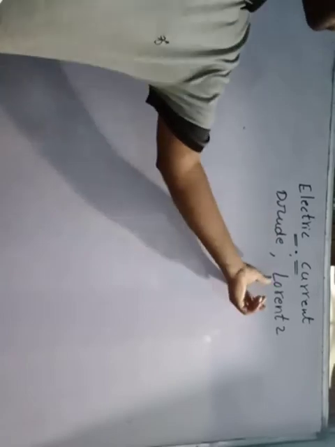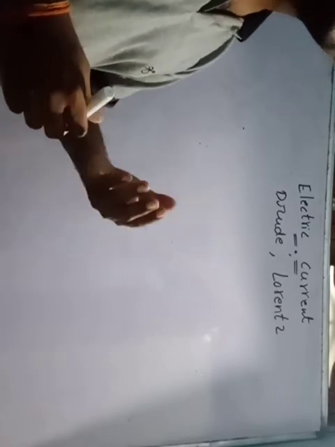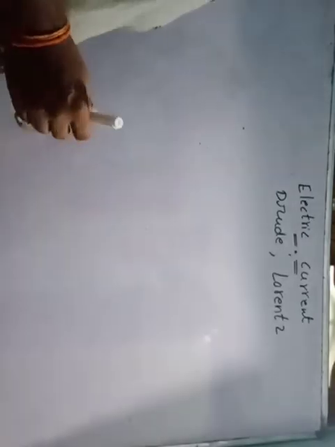The next topic is, what is electric current? The concept of electric current is explained using conductors. All metals are examples of conductors, for example copper, iron, zinc.